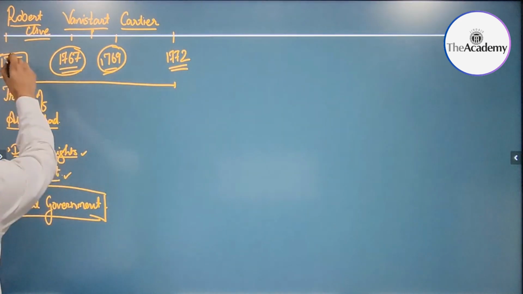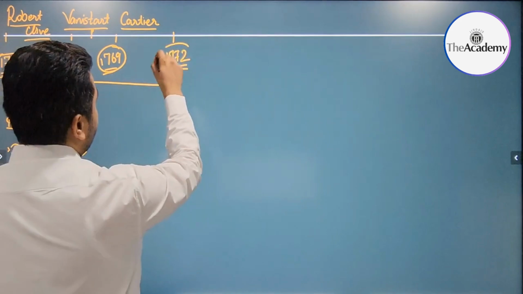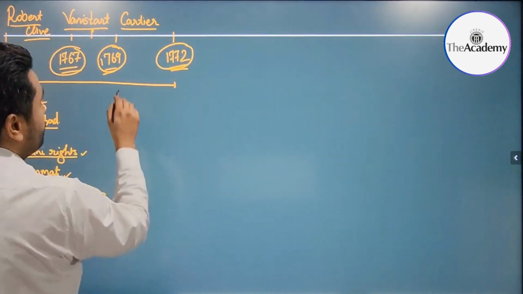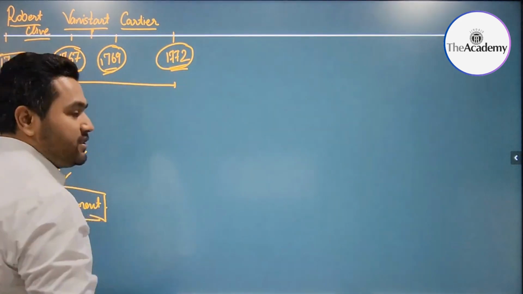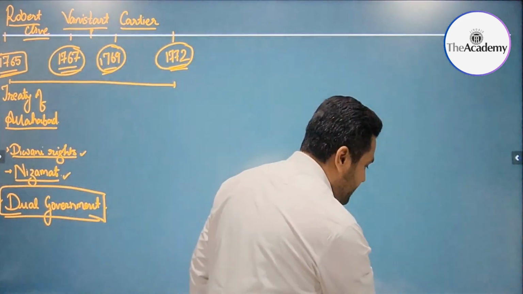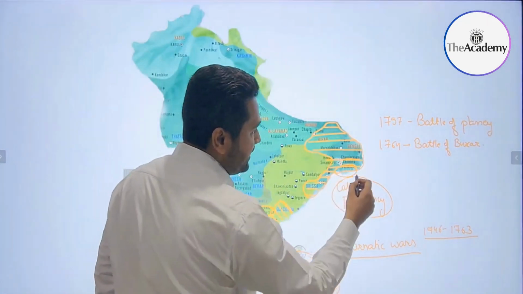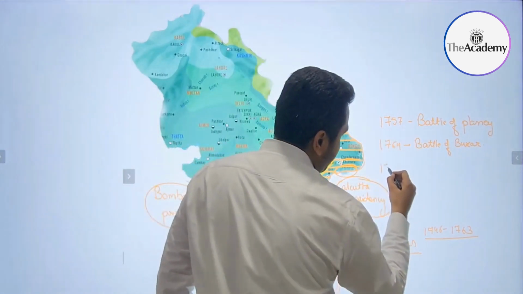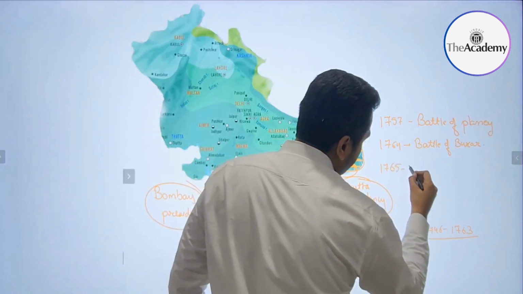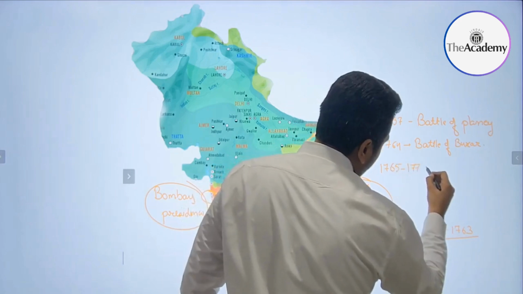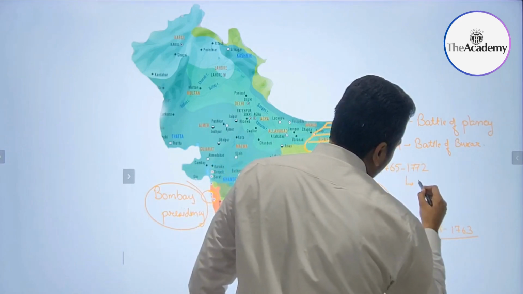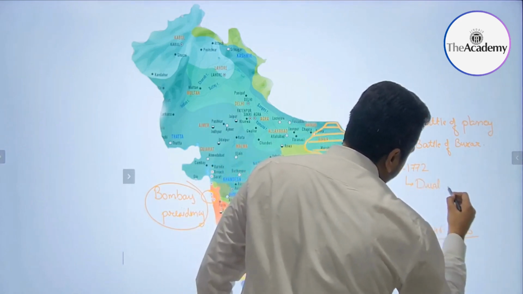So we see the time period from 1765 till 1772 in Bengal, there was the emergence of dual government.